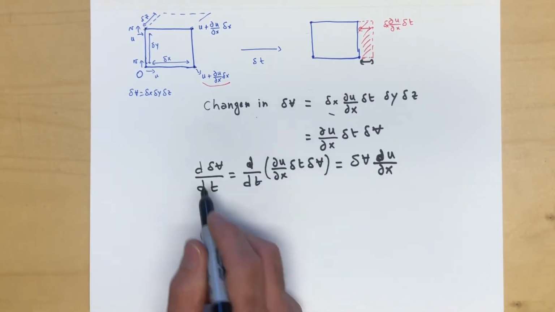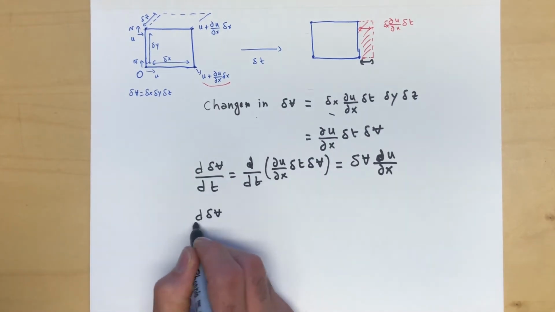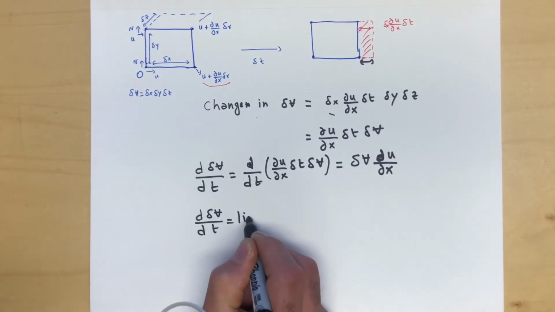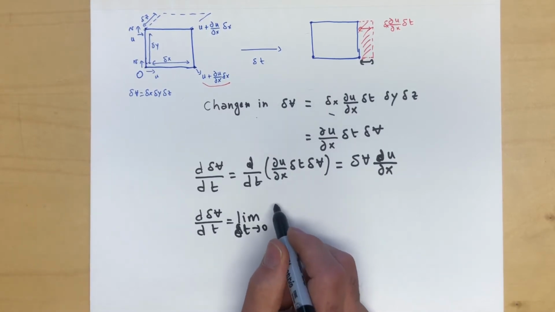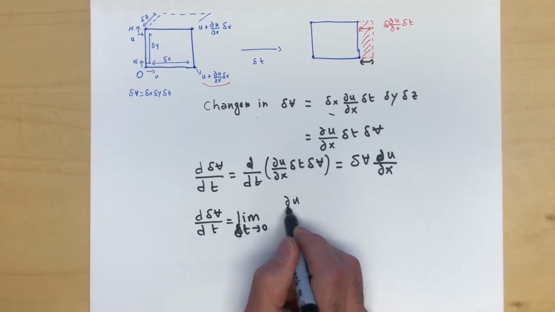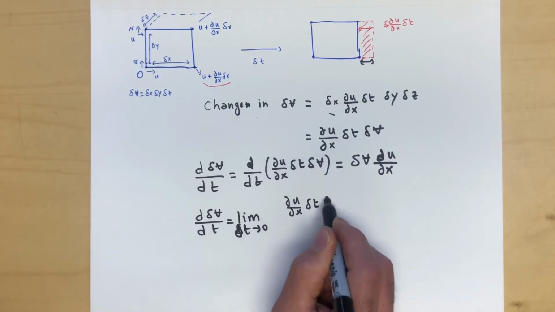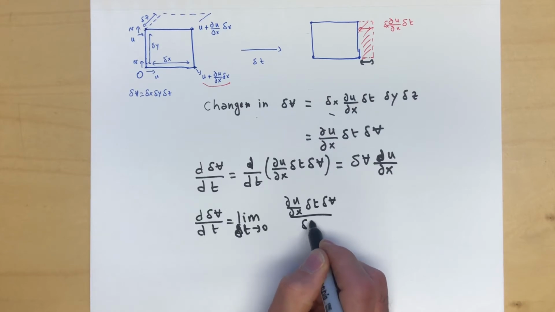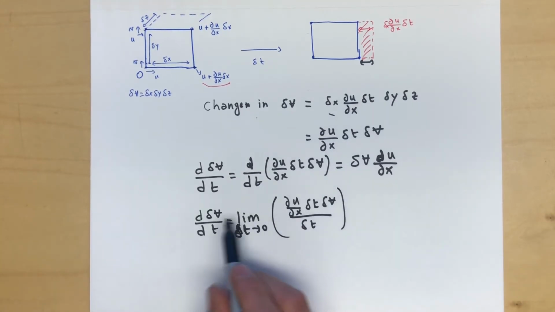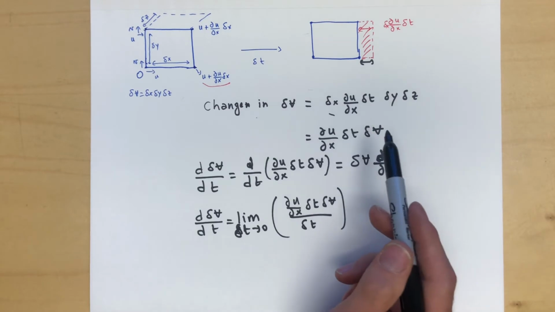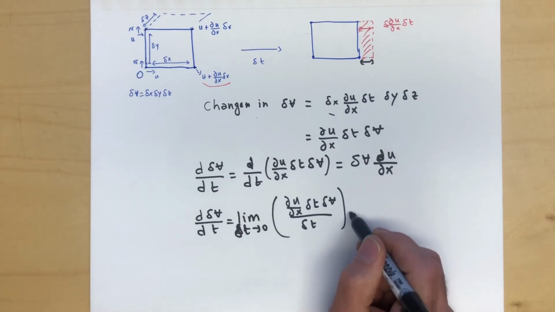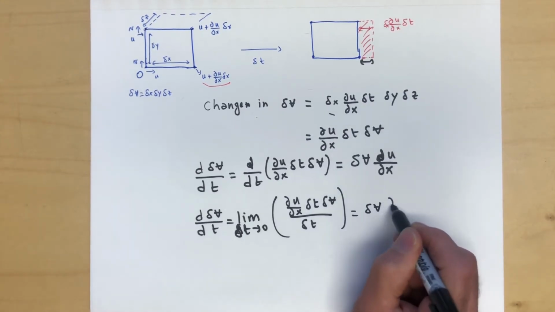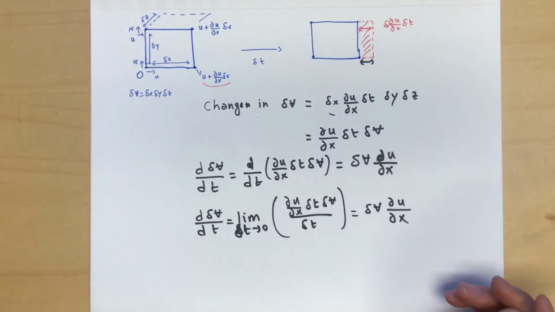In other words, d delta v by dt is the limit as delta t approaches 0 of du by dx delta t delta v over delta t. Remember, because that's the change, this is equal to the volume at t plus delta t minus the volume at t, and we divide by delta t, so we get delta v du by dx.